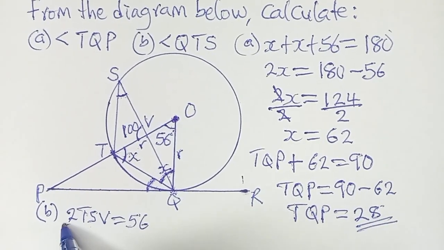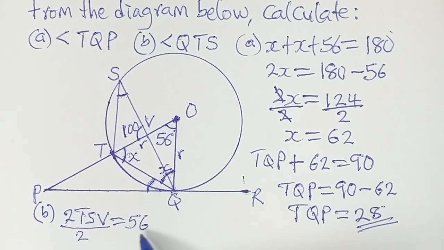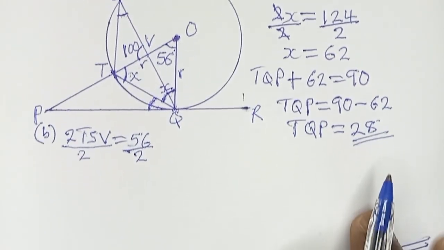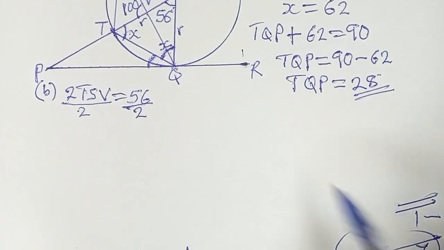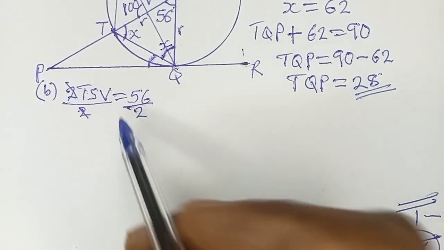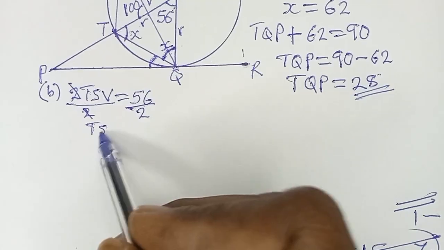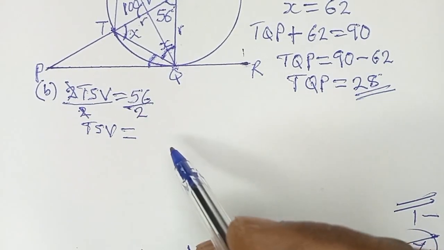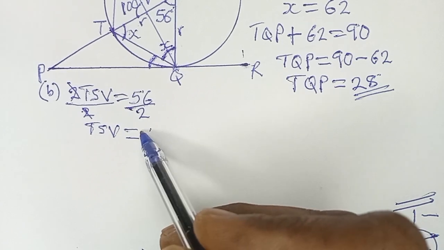So for me to get TSV, I simply divide both sides by 2. So that will give me the angle at that point as, because these 2 cancel, TSV is equal to 28.